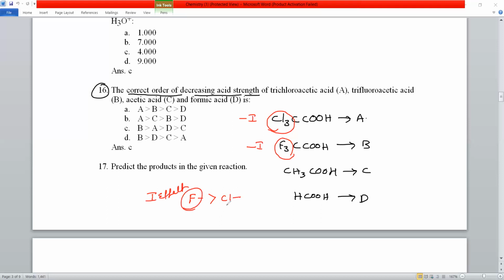The -I effect is directly proportional to the acidic nature, and the +I effect is inversely proportional to the acidic nature. So which case is more? B is more here, the more withdrawing group, and then later should be A. And acetic acid and formic acid: here it is a donating group, +I. Here there is no donating group, so D should be greater than C. BACD, sorry, BADC. Option C is the correct one, students.